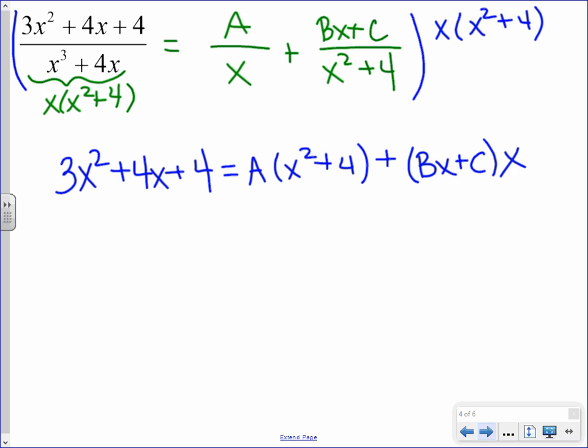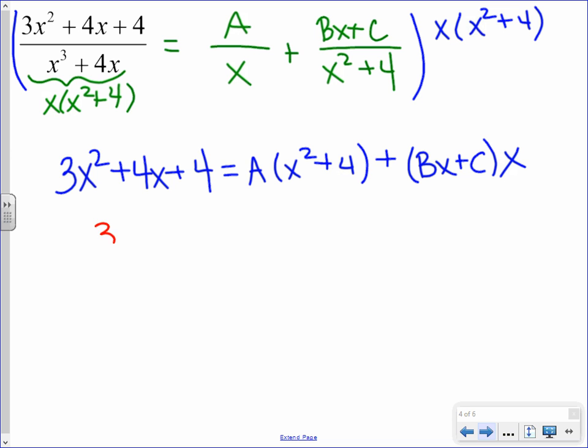We can make this go to 0 and solve for a. But how do we make this go to 0? We can't with real numbers, right? We want to stick with real numbers, okay? So that method is not going to work when we have this quadratic factor, okay? So let me show you an alternate method that we can use.